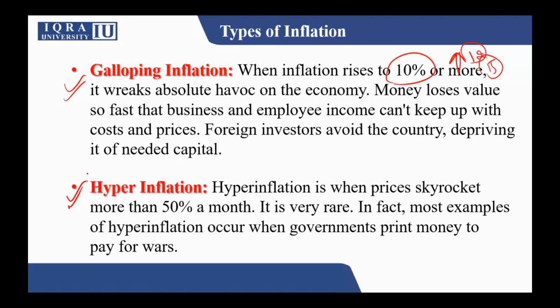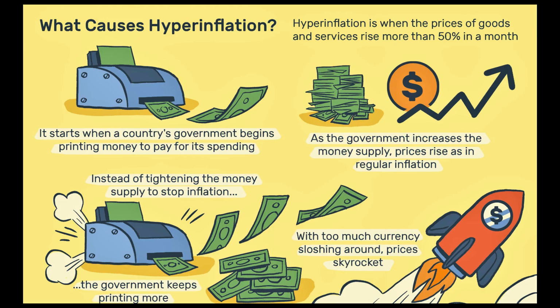So very frequent changes are going to happen. If the rate of inflation goes so fast, that is known as hyperinflation. It is very rare, but in fact, most examples of hyperinflation occur when a government prints too much money to pay for wars.